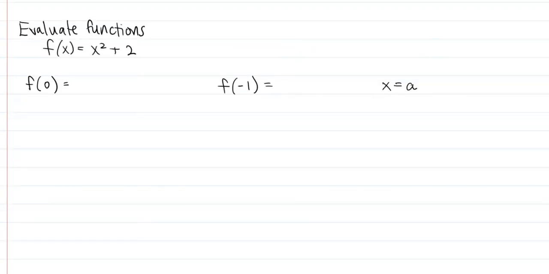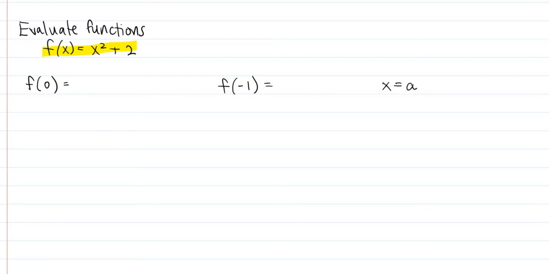Oftentimes you will be asked to evaluate a function at a particular value. So given this function, f of x equals x squared plus 2, we've got 3 examples here, and we're going to be asked to evaluate it at f of 0, f of -1, and then also when x equals a.